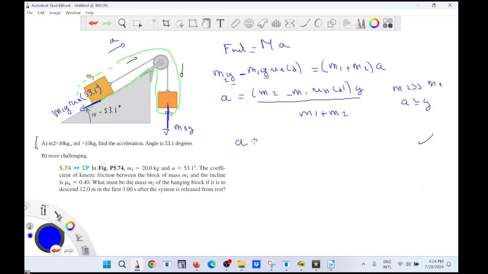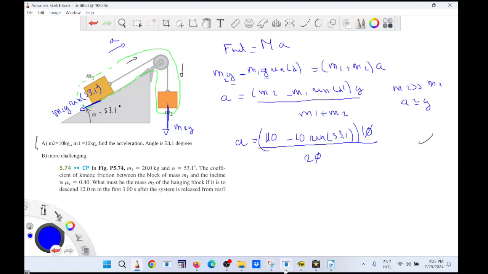So the acceleration will be mass 2, which is 10, minus 10 sine 53.1, and then times 10. So you can factor out the 10 over 20, or you can just simplify it here.